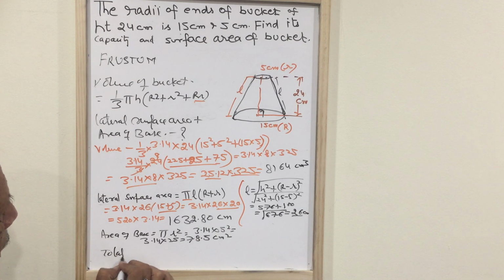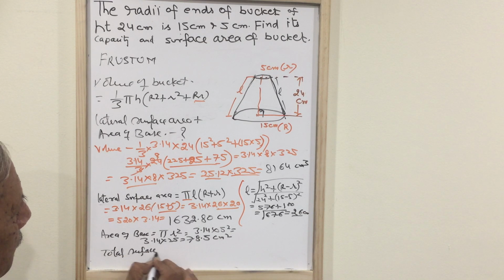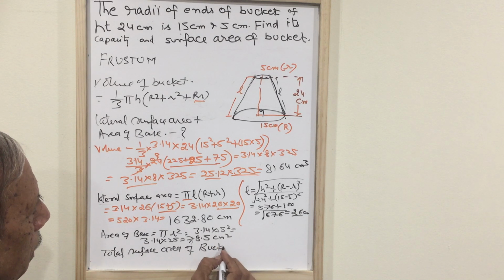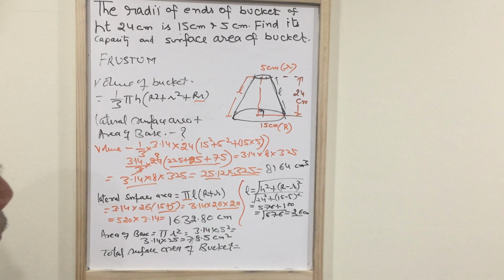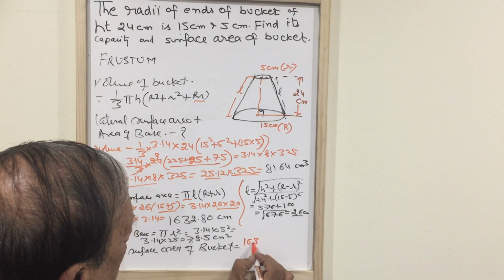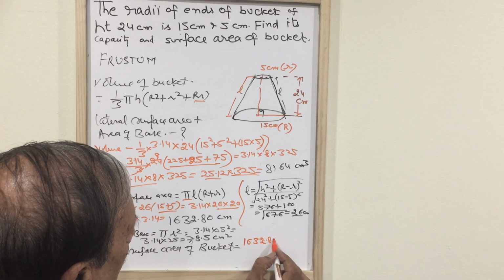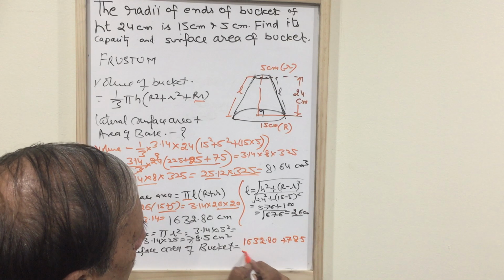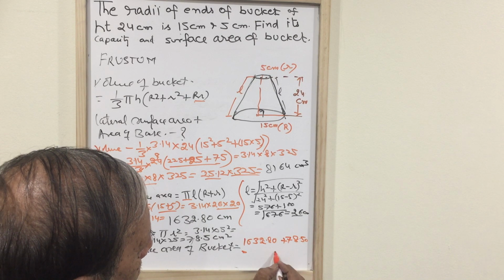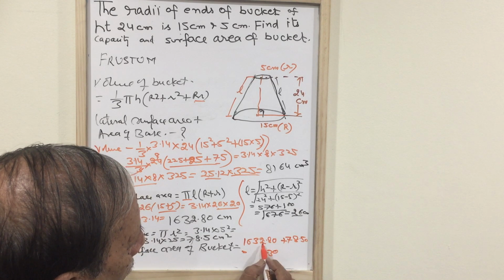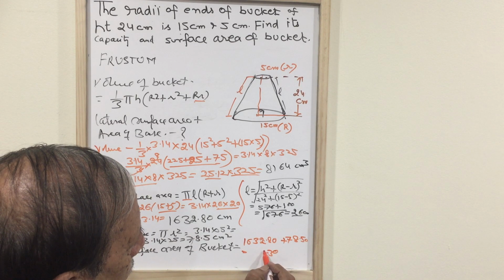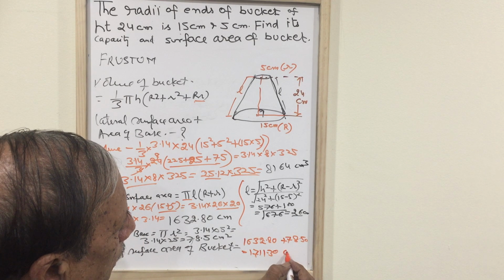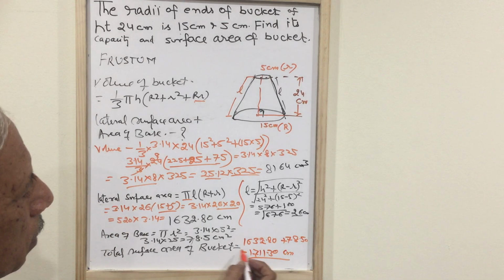Total surface area of the bucket is equal to 1632.80 plus 78.5. If we add, it comes to 1711.30 centimeter square. So this is our answer.